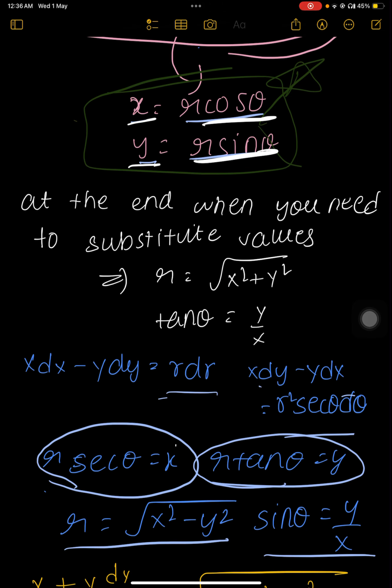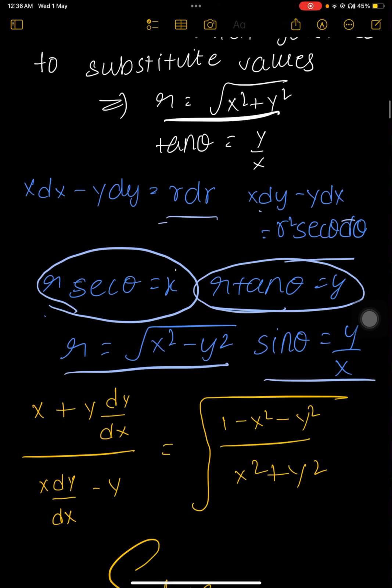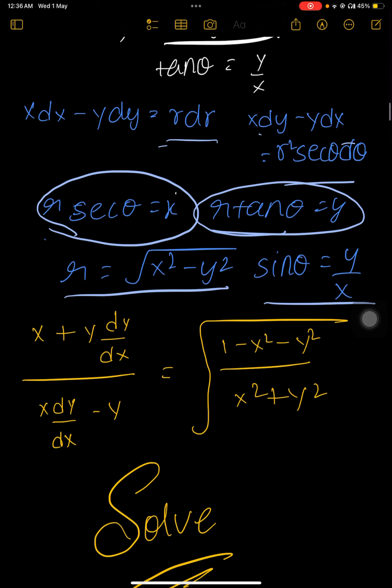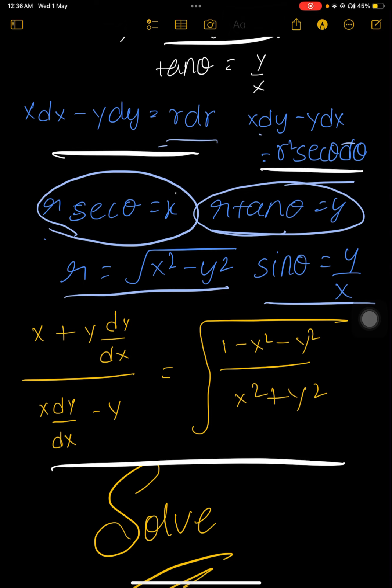In the end, when we need the values, r can be substituted with root over x squared + y squared, and tan theta can be substituted with y by x. The same goes for this type also.